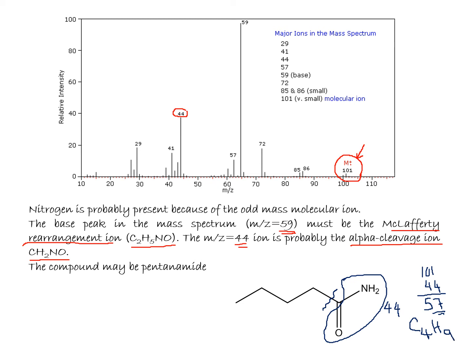C4H9 means that you have a butyl group. You could have a butyl group linear like this, or like this, or like this.